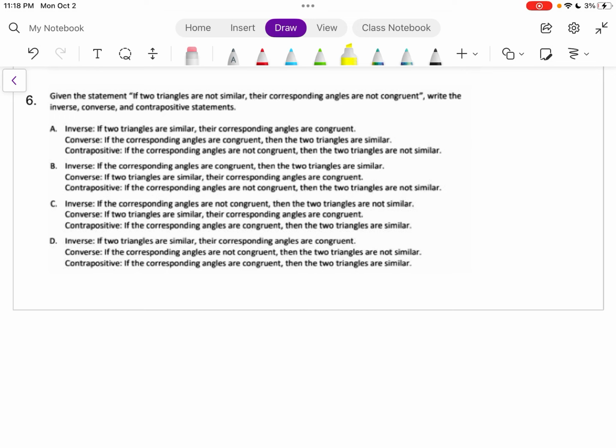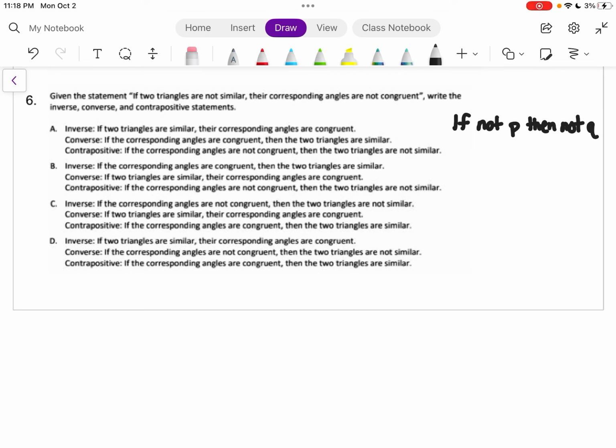It's very important to note that the inverse says if not P, then not Q. Now, the inverse doesn't just add the word not.